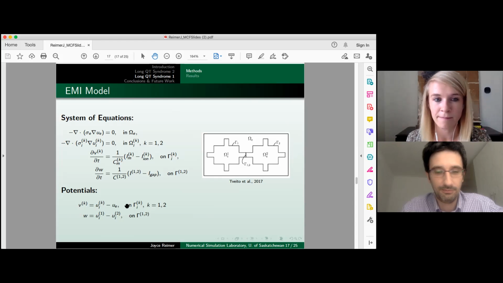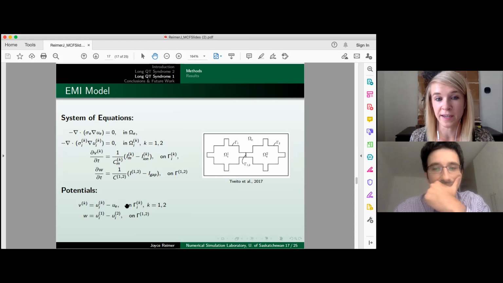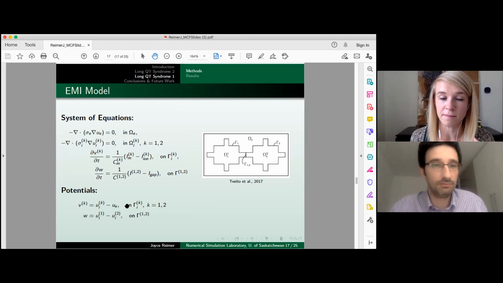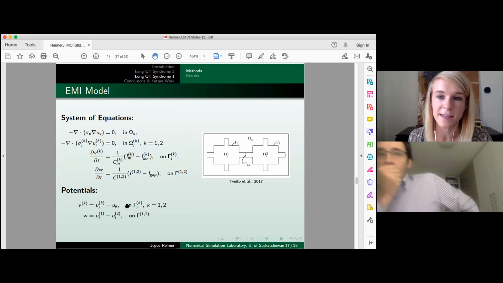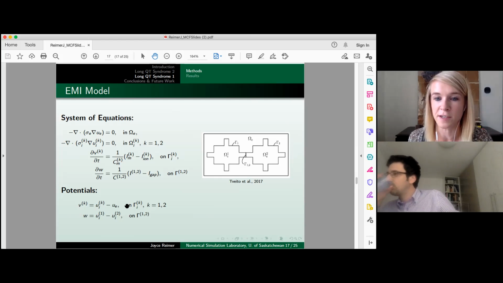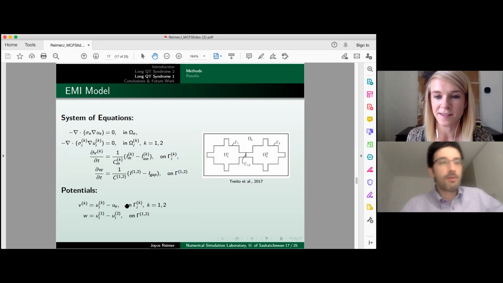So there was some movement that occurred. But definitely in the future, we would like to extend it to more cells. However, it's obviously going to be very computationally demanding. So we want to make sure that we have some parallelization implemented and some efficient solving methods before we extend it to too many cells.